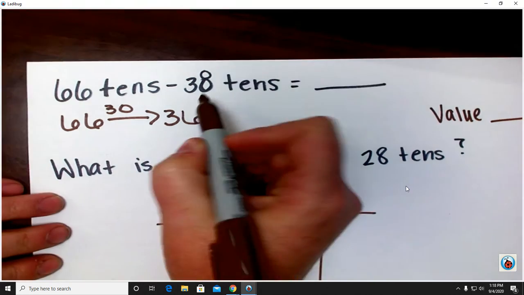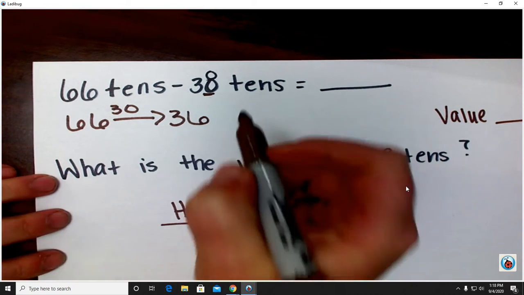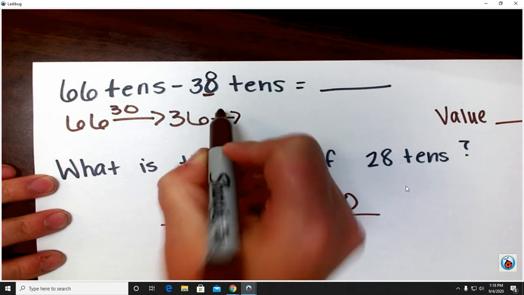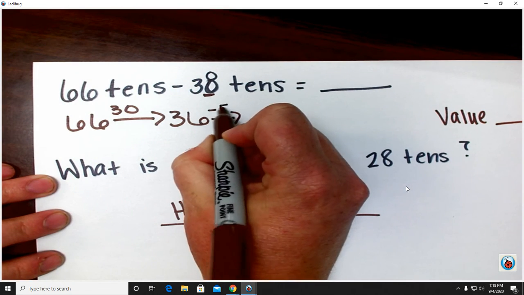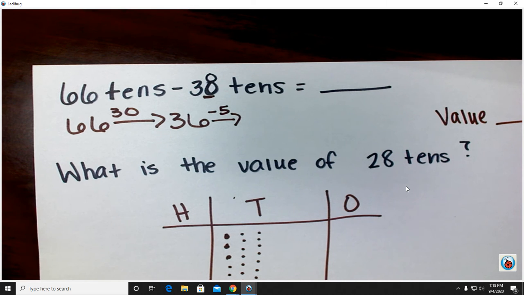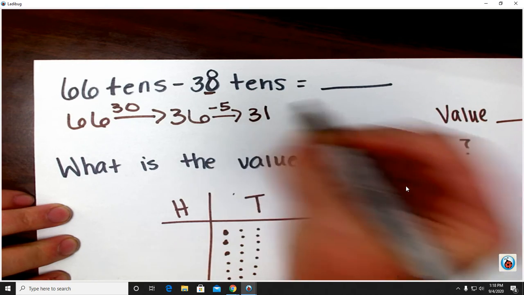All right. But I have to make a jump back of 8. You can make a jump back of 8 if you know how to do that. I'm just going to make a jump back of 5 first, then 3 ones. Okay, so I know 36 minus 5 is 31.